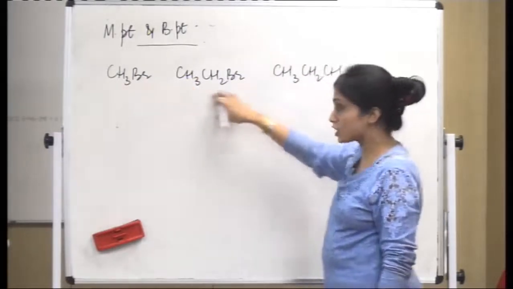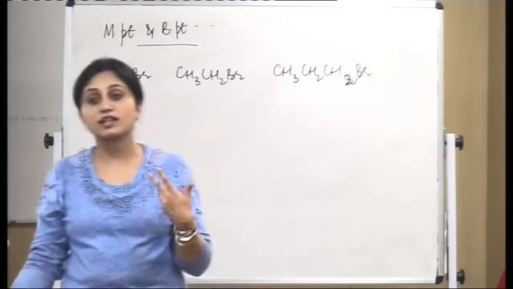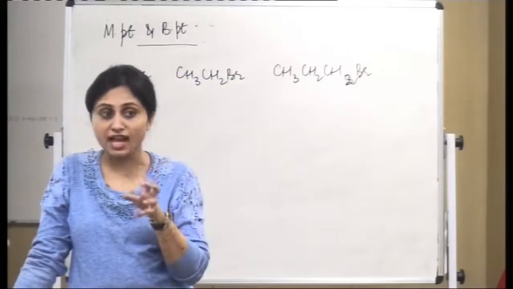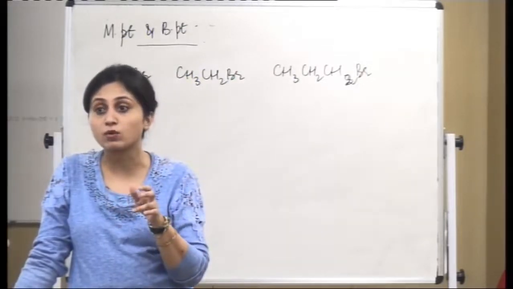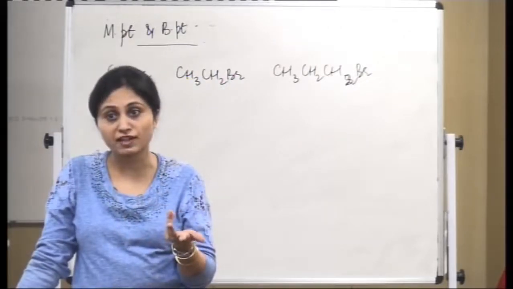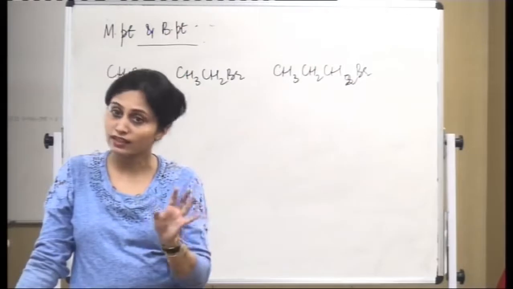The length of the chain is increasing, which means that greater number of electrons, greater mass and size is increasing. So if size and mass increases, your van der Waals forces of interaction increases. And if van der Waals forces of interaction will increase, then your melting and boiling point will also accordingly increase.